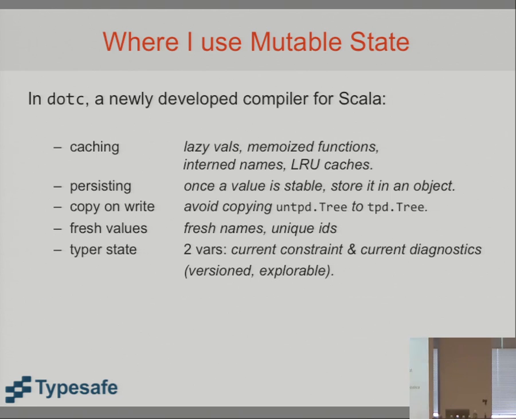The compiler has a lot of computations which it does all the time, and some of these computations are duplicated. For instance, if I want to look at what is the member of this complicated type with this name, that might be something I have already computed before, because quite often I select the same identifier. Or I want to say which implicit conversion is applicable for this type.